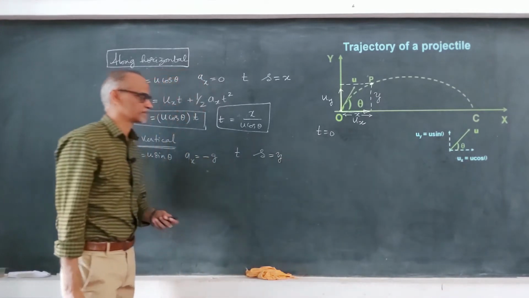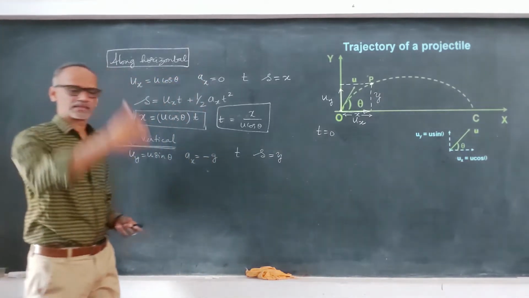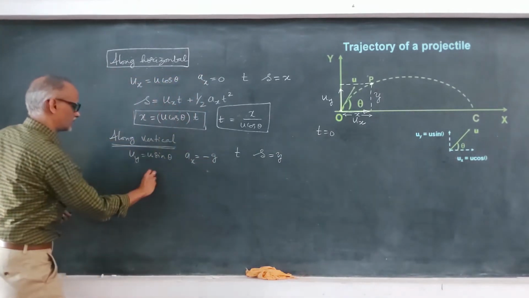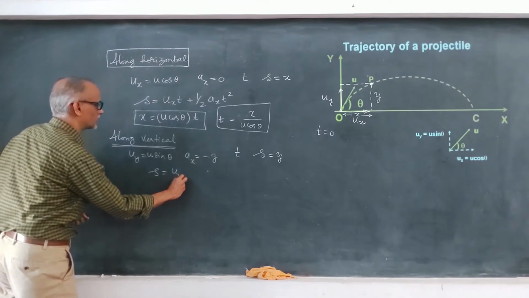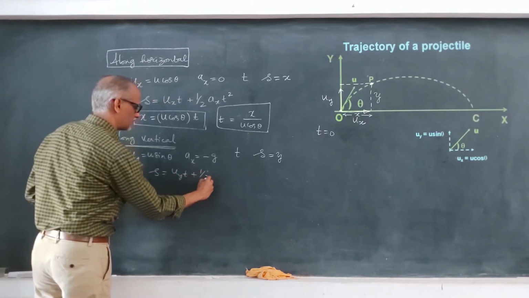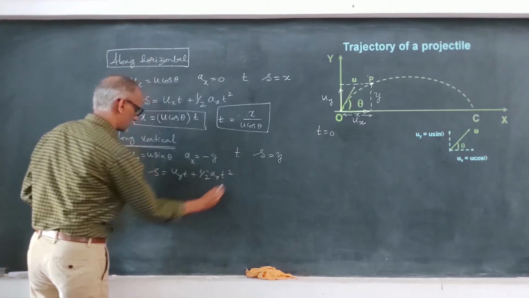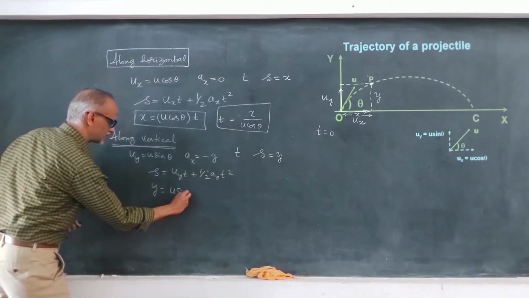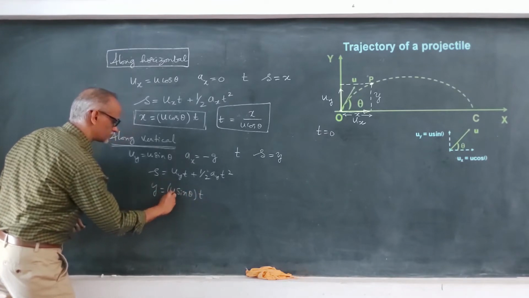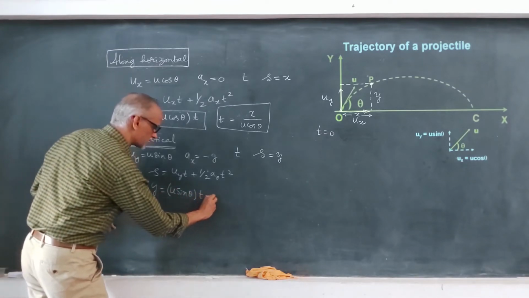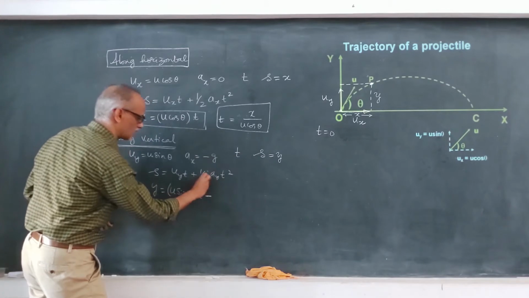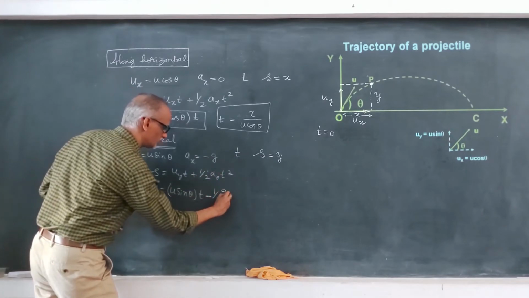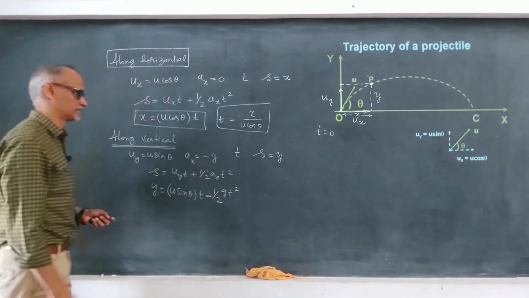y is the vertical distance travelled. So, use the same formula: s is equal to uy t plus half ay t square. s is nothing but y. This is u sin theta into t, minus half g t square; it is minus because of this. Clear?